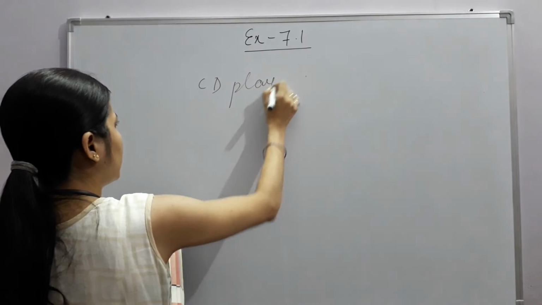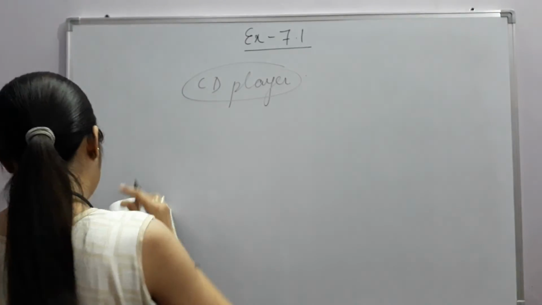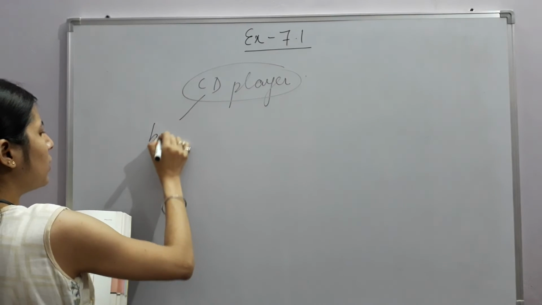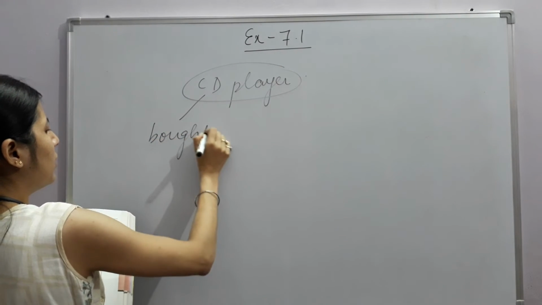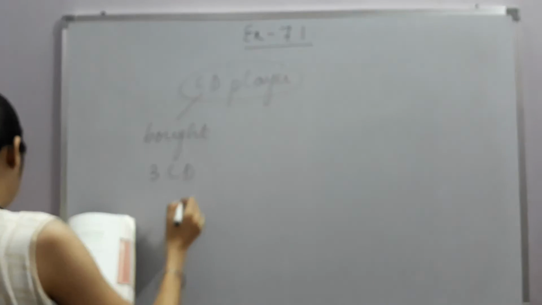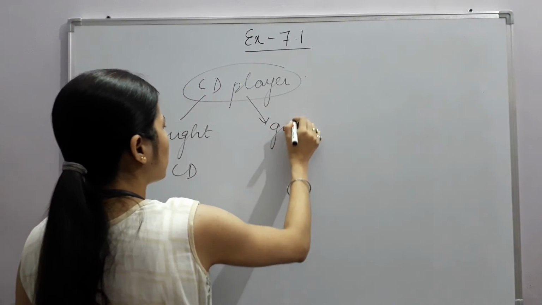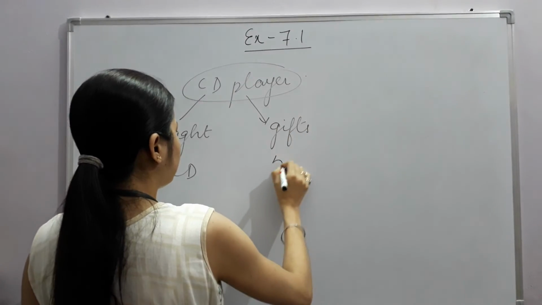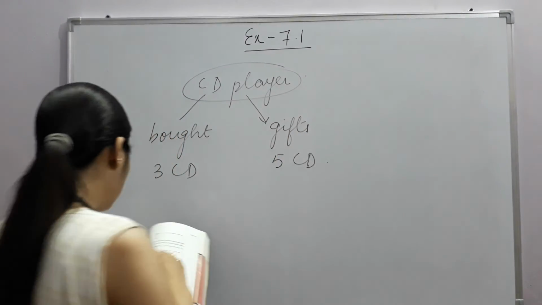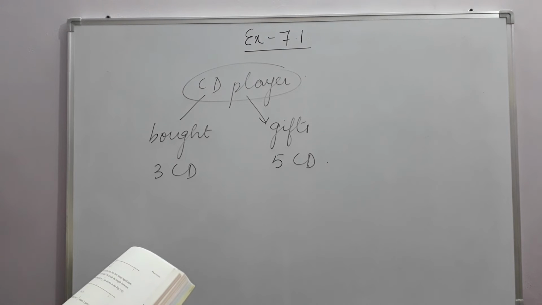How many CDs has she bought? 3 CDs. And received 5 others as gifts. And how many has she got in gifts? 5 CDs. What fraction of her total CDs did she buy and what fraction did she receive?